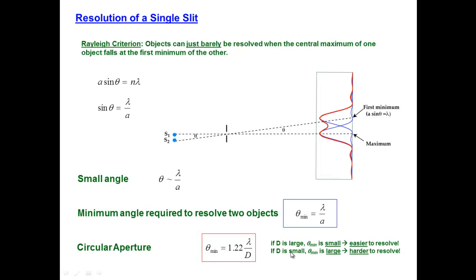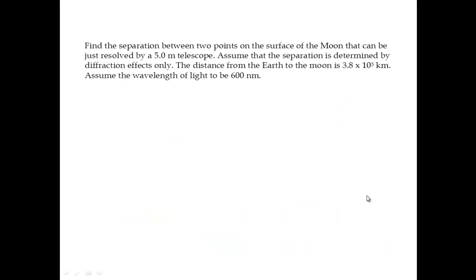If d is small, which makes theta min in this equation large, then that makes the objects harder to resolve, right? If the minimum separation angle is large, that means you have to get really close in order to see them as separate objects. So think about that, and in just a moment I'll do an example that will illustrate how to put numbers in these equations and come up with meaningful answers.